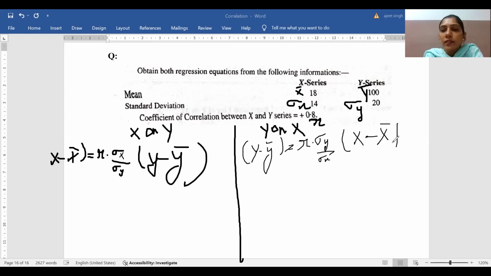As the values are given in this question, let's put all the values in the question.